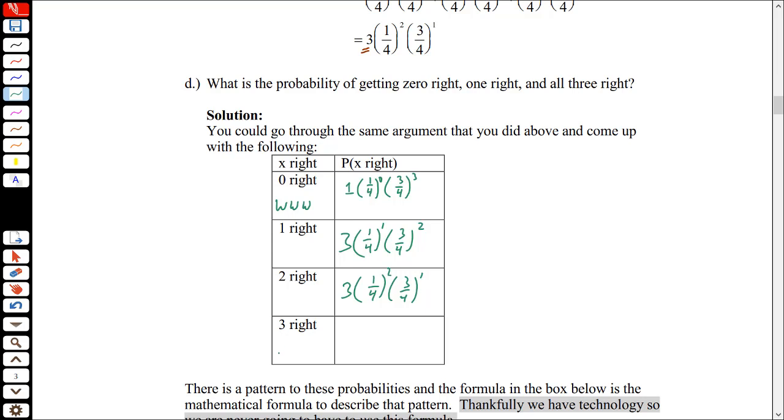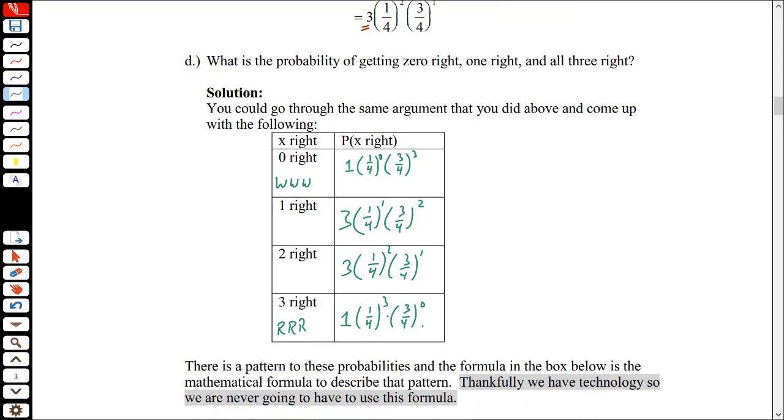Then all 3 right, the only way to get that event is if all 3 of them are right. So there's only one way to have that combination. And since they're all right, the probability of getting right will be repeated 3 times. The probability of getting it wrong will be repeated 0 times.